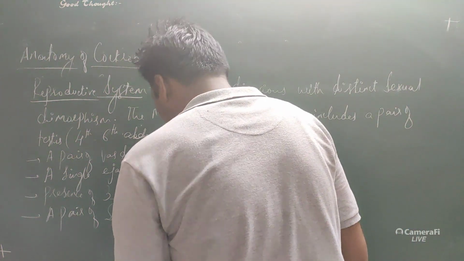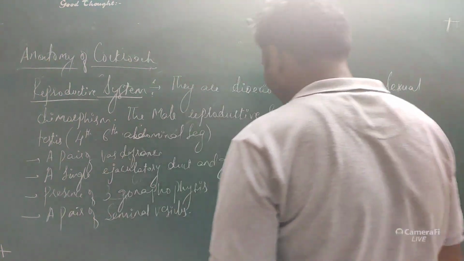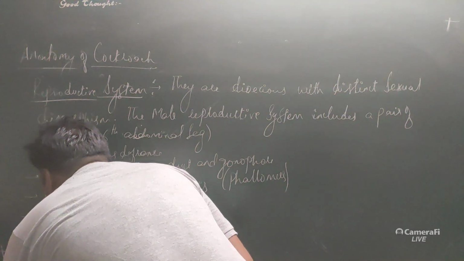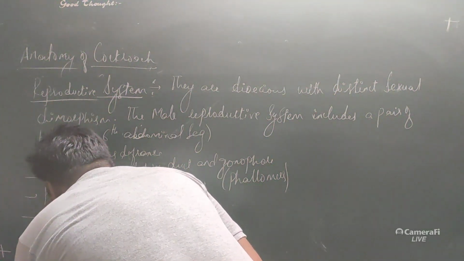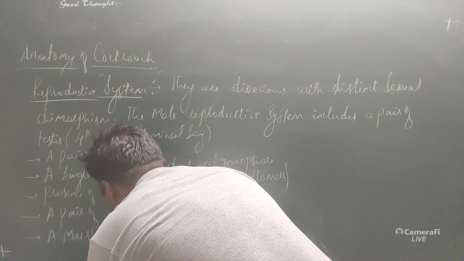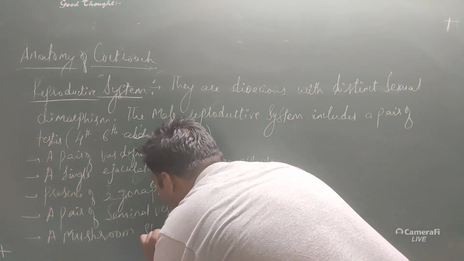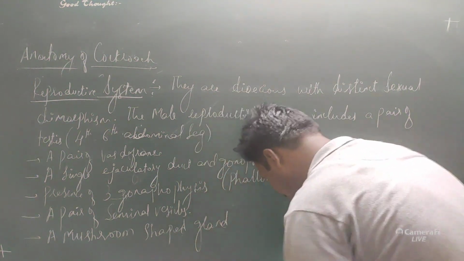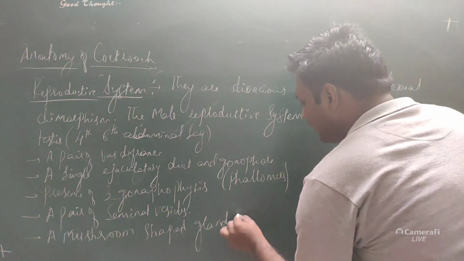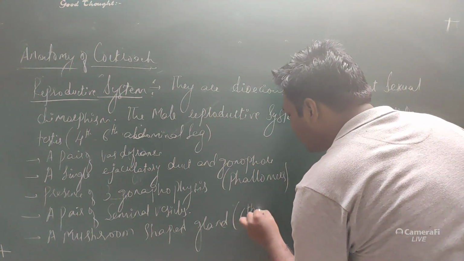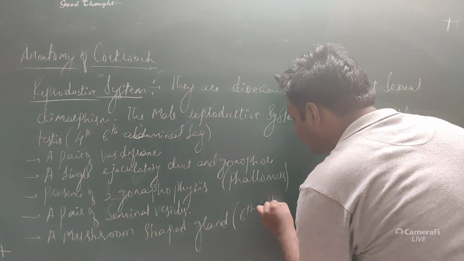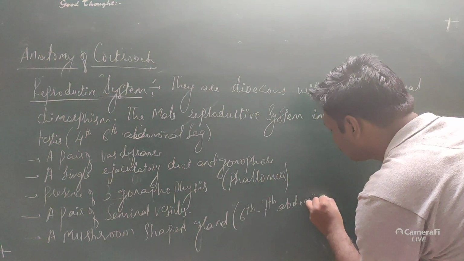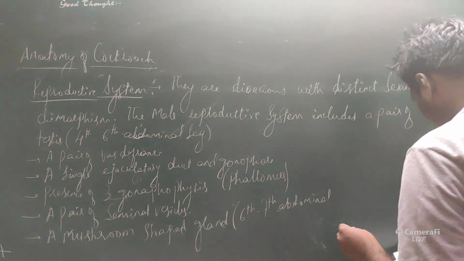The next, they have a mushroom shaped gland in the 6th and 7th abdominal segment.